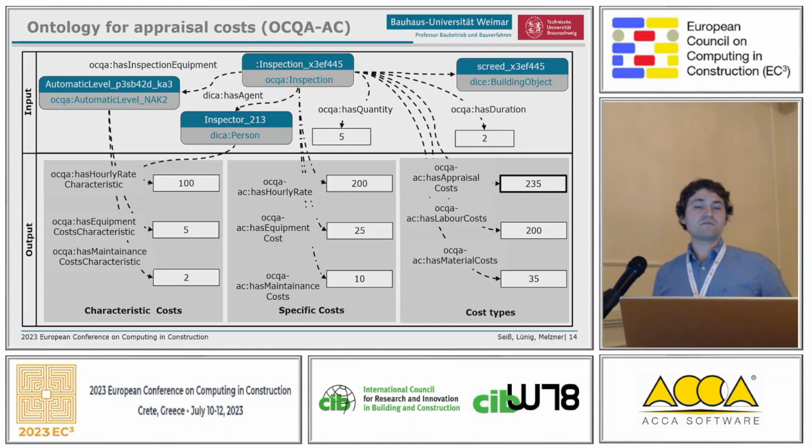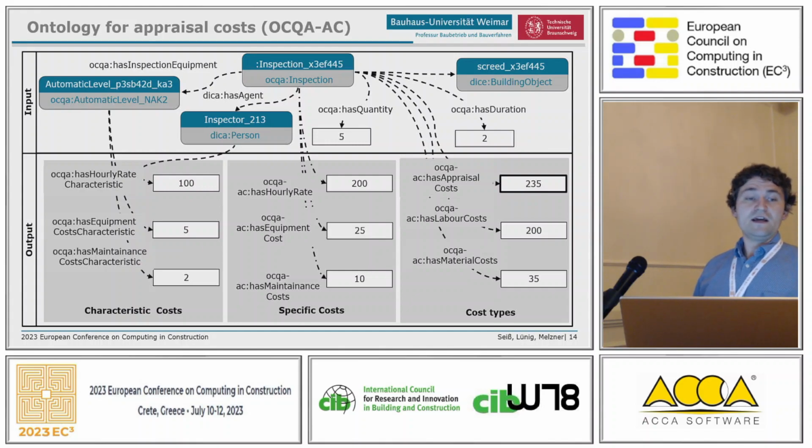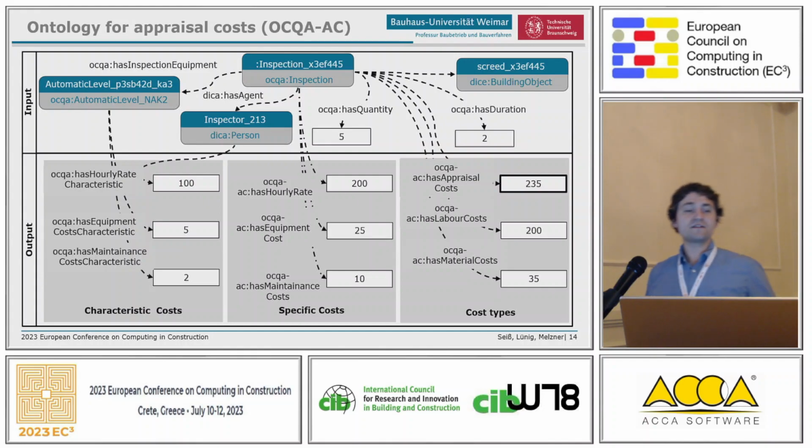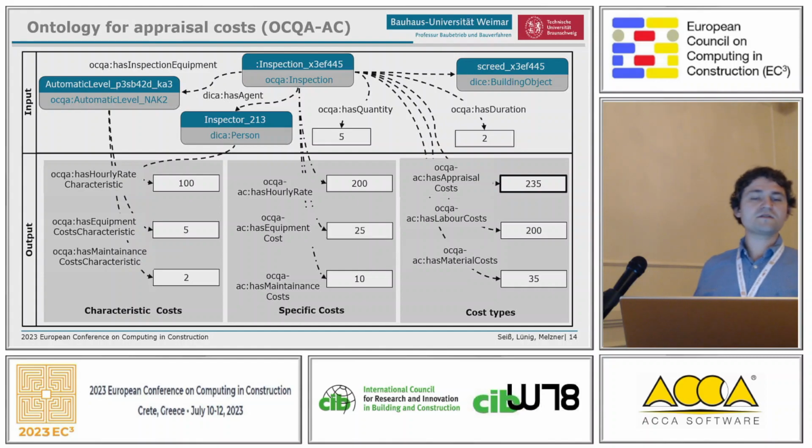In our case, we have these input values which are defined, for example, by the OCQA itself, so the planned inspection, and then we can run our SHACL rules, which will use the characteristic rates or characteristic costs, which are aligned, for example, to a person doing the inspection, or to the inspection equipment itself.